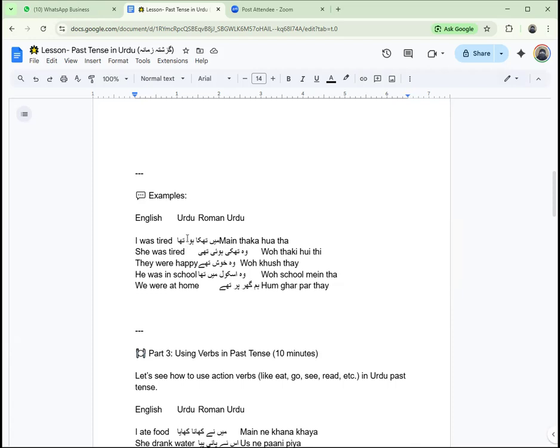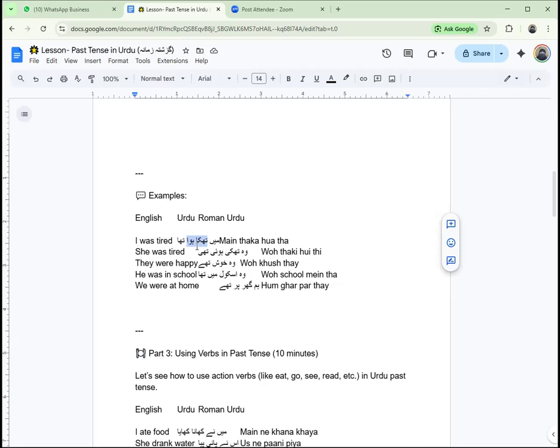Thaka hua is a verb actually. We don't use only thaka. Thaka hua is the action, the past form, and thakna is the root word for this, meaning tired.